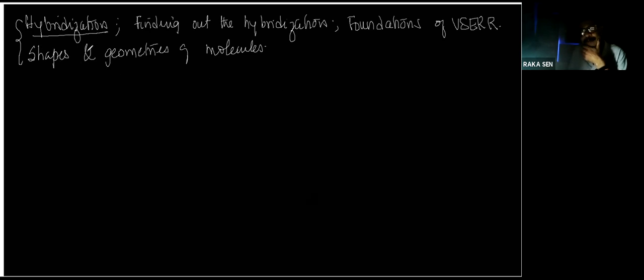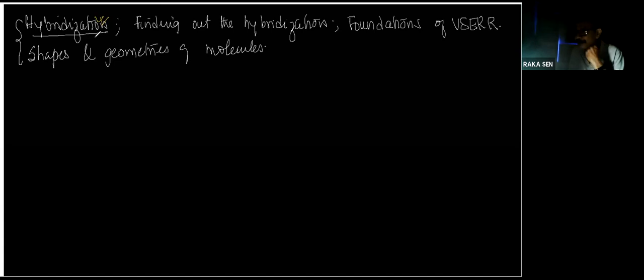While explaining it, we'll understand what hybridization is all about. Then we are going to talk about how to find out the hybridization of any molecule under the planet, under the moon or the sun. I'm going to teach you a trick which is not easily available in all the books.